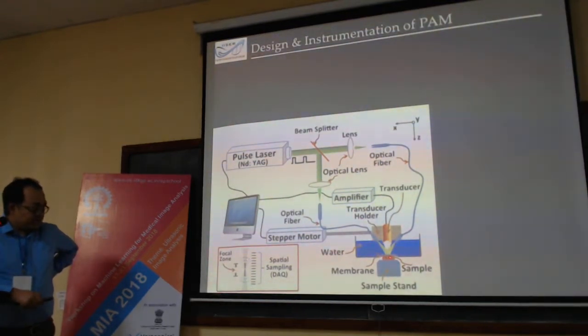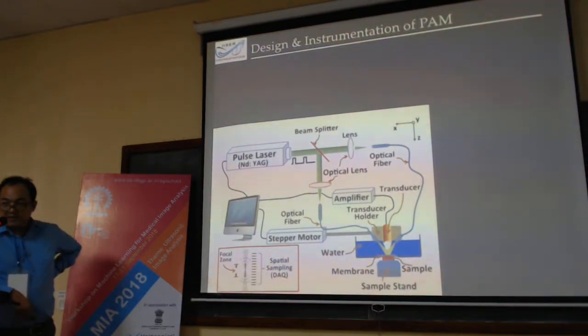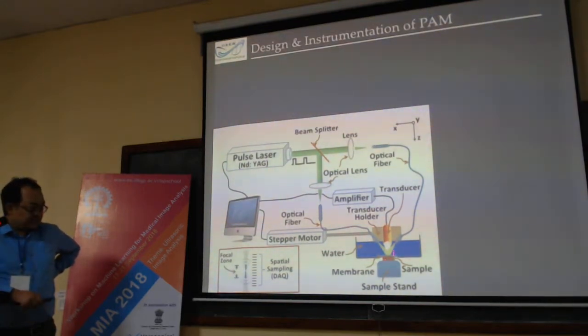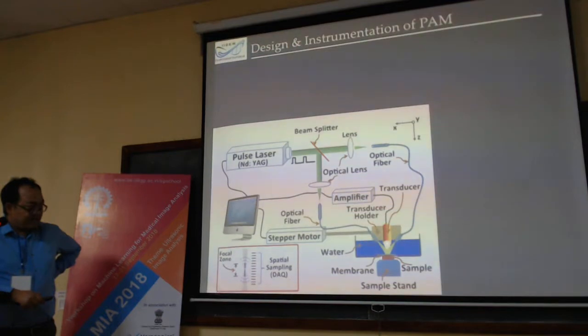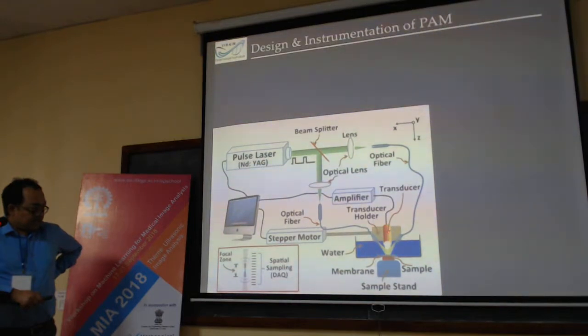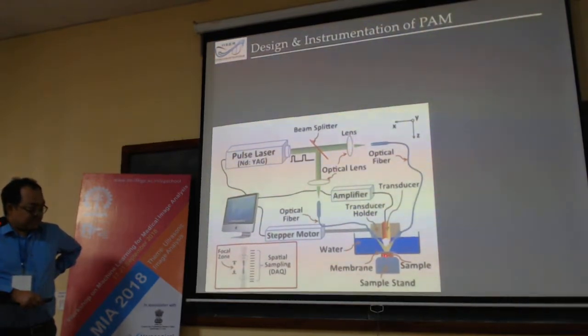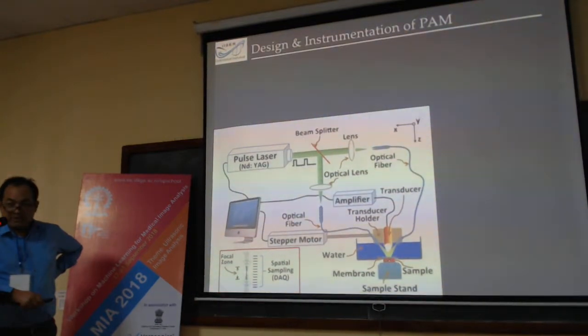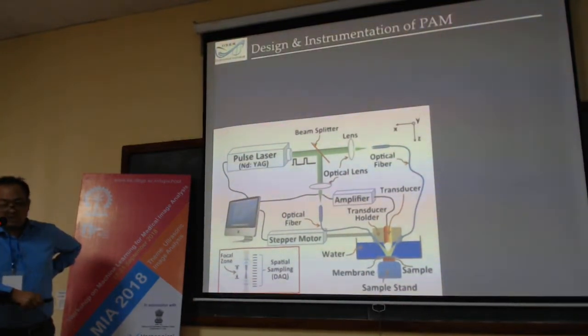Because of this illumination, the transient irradiation of light on the sample induces an initial pressure rise. This initial pressure rise is picked up by a tightly focused ultrasound transducer, such that it detects and captures the signal from the focal spot region.